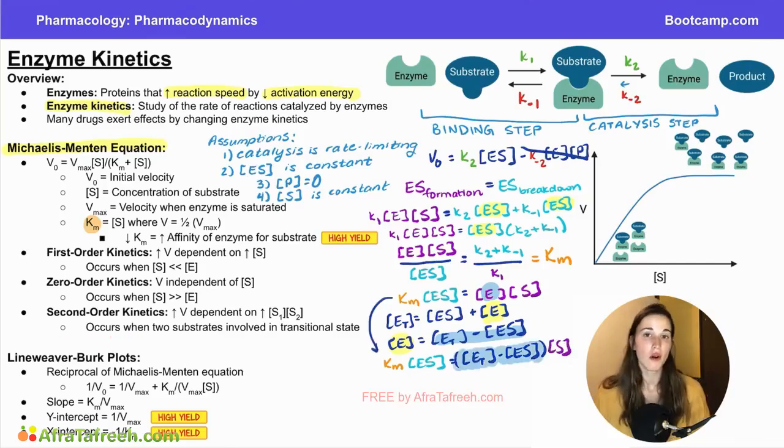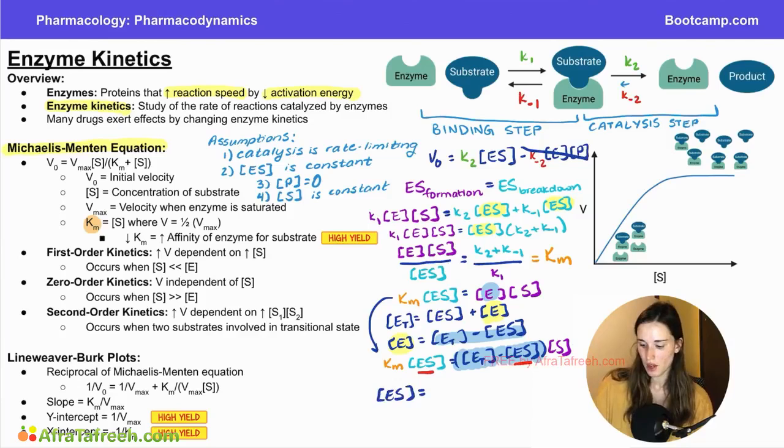And I'm not going to show all of the steps here, but if I solve for the enzyme-substrate complex term, so that's going to be the one right here and here, what I wind up with is that the enzyme-substrate complex is equal to the concentration of the total enzyme multiplied by the concentration of the substrate, and all of this can be divided by the Michaelis-Menten constant plus the concentration of the substrate.